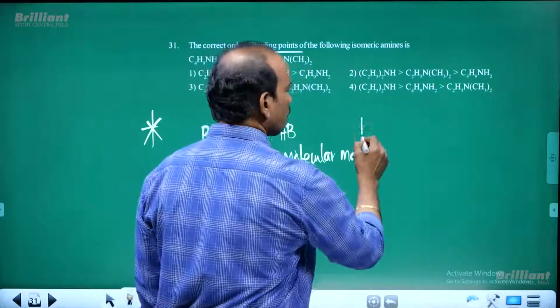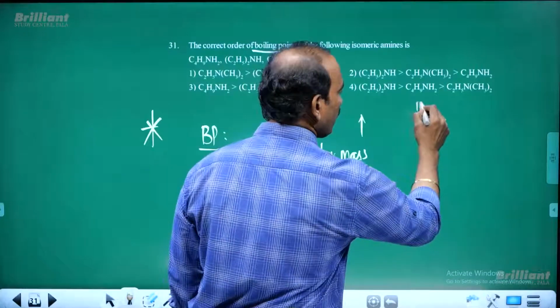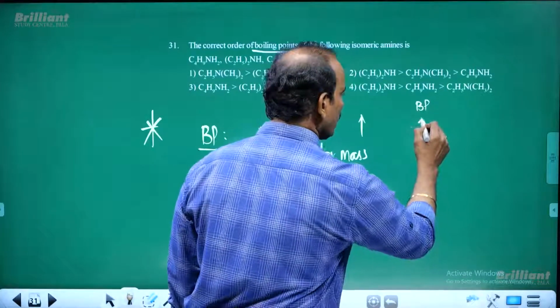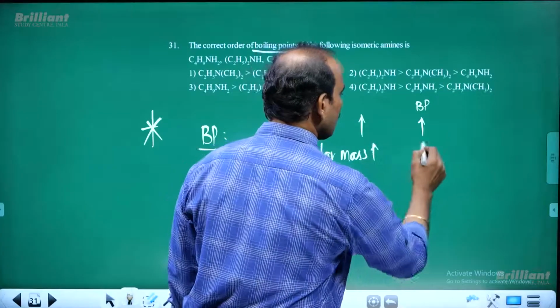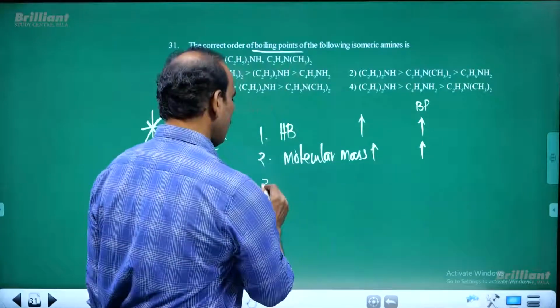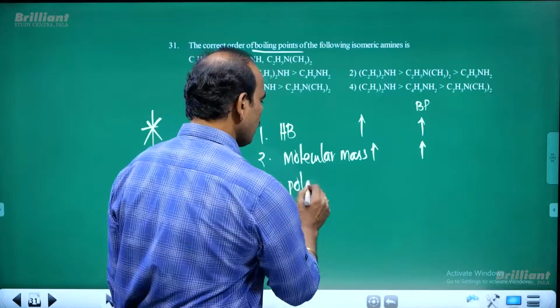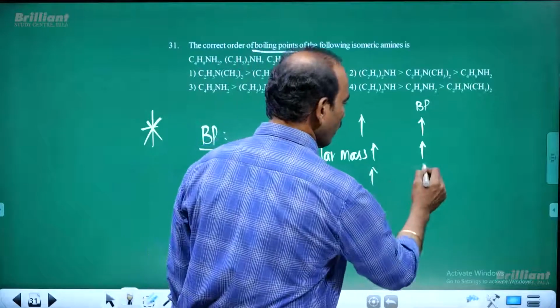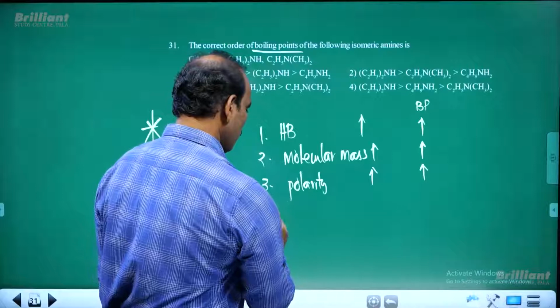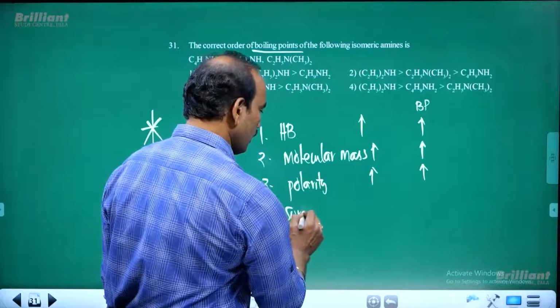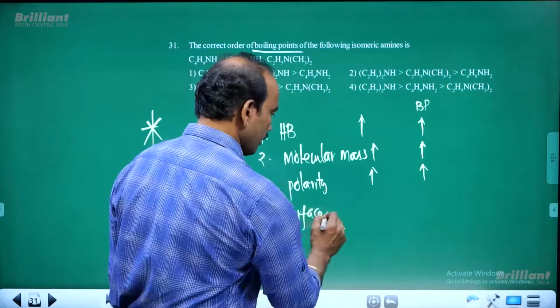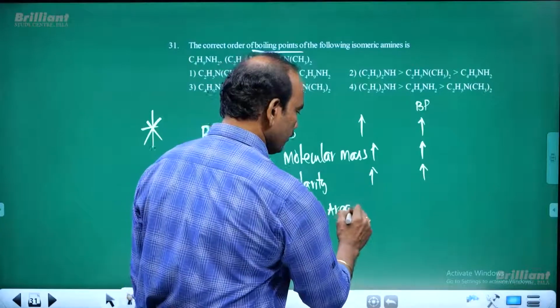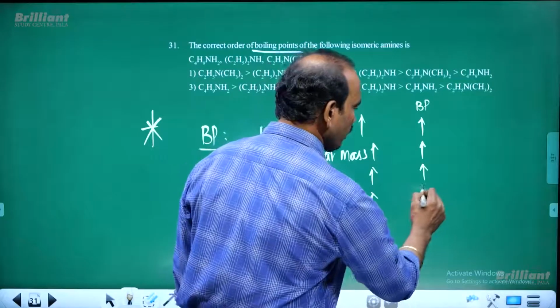Hydrogen bonding capacity increases, boiling point increases. Molecular mass increases, boiling point increases. Third one is the polarity. Polarity increases, boiling point increases. Next one is surface area. This increases, boiling point increases.